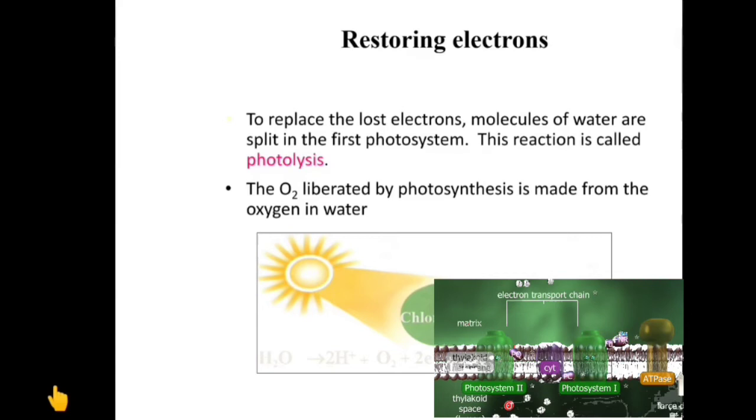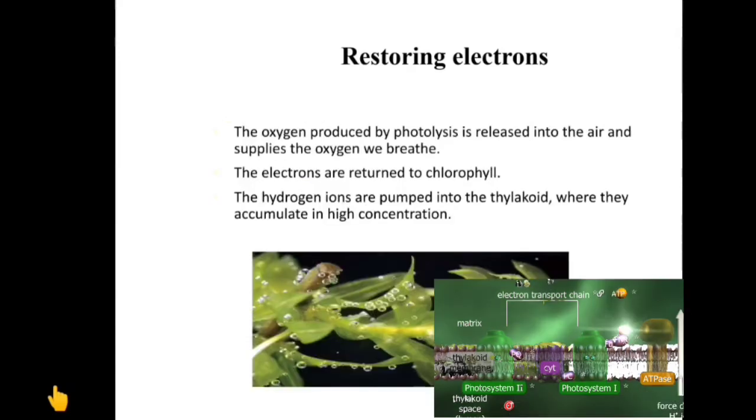The oxygen liberated by photosynthesis is made from the oxygen in water. The oxygen produced by photolysis is released into the air and supplies the oxygen we breathe. The electrons are returned to chlorophyll. The hydrogen ions are pumped into the thylakoid where they accumulate in high concentration.